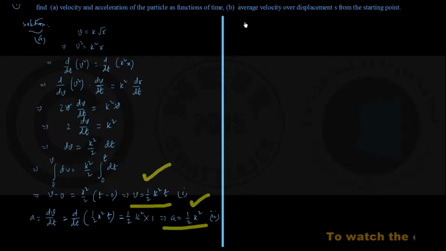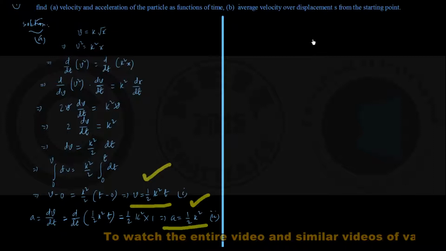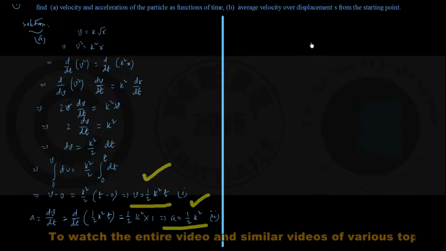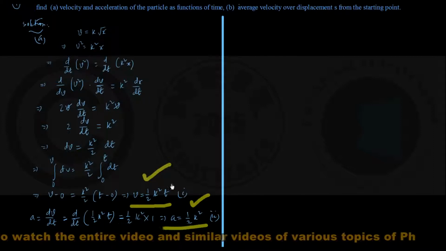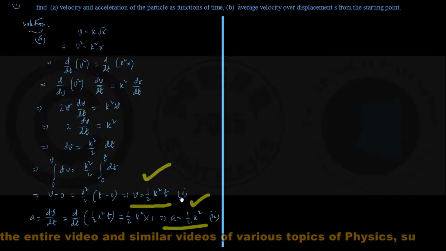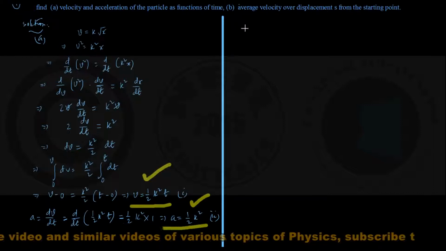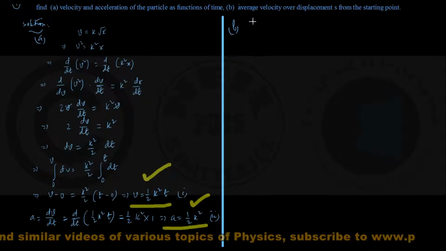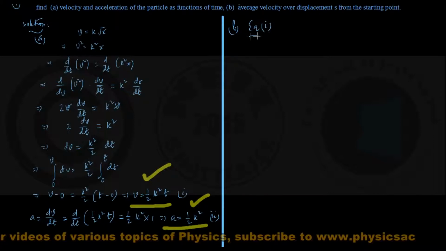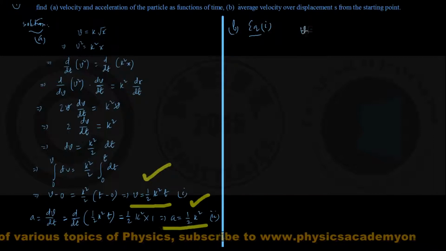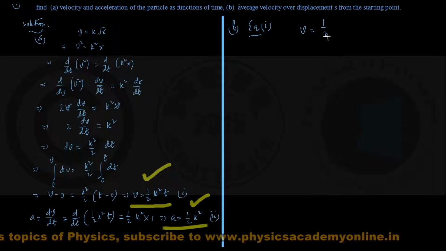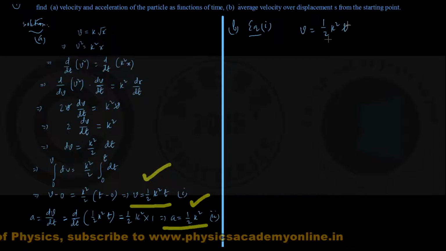Moving on to part B of the question, they want us to find out the average velocity over displacement s from the starting point. And you remember, average velocity over a trip is equal to the total displacement by total time of travel. So, let us get back to the result number 1. We have got earlier that equation number 1, that was velocity is equal to half into k square into t.